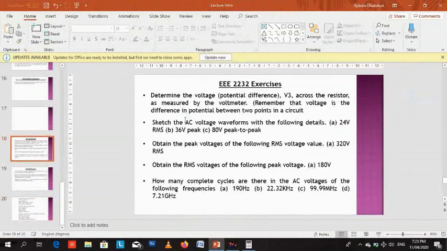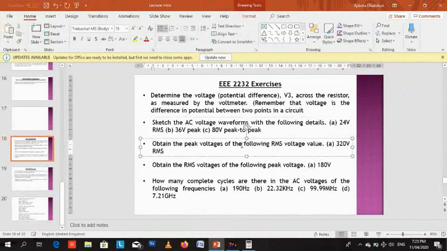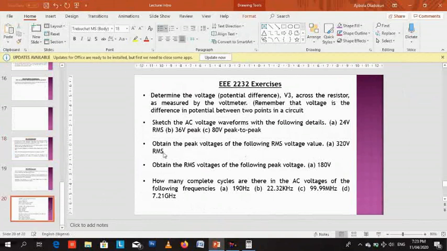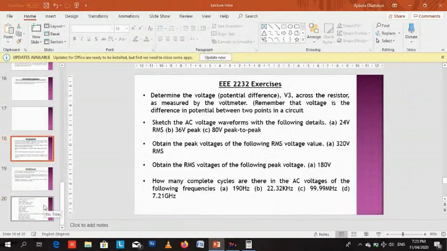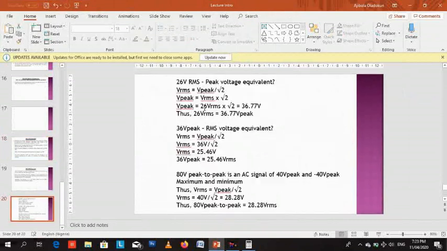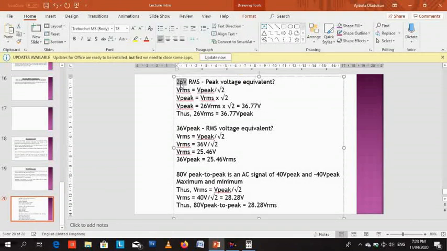So the next one says obtain the peak voltages for the following RMS voltage values. That's 320 volts. That's quite easy if you've done that already, but we can do that again. So 320 volts RMS, we have to get the peak voltage. Just substitute 320 volts RMS, multiply it by root 2.